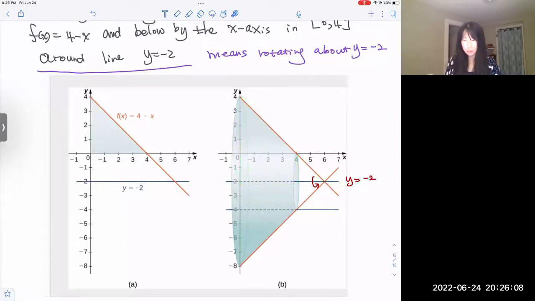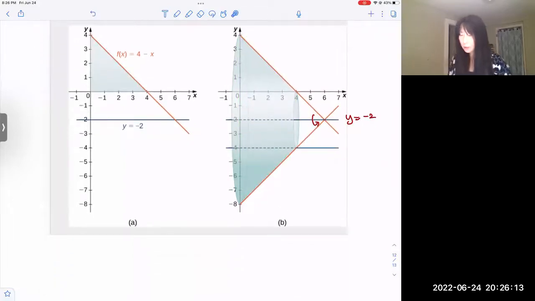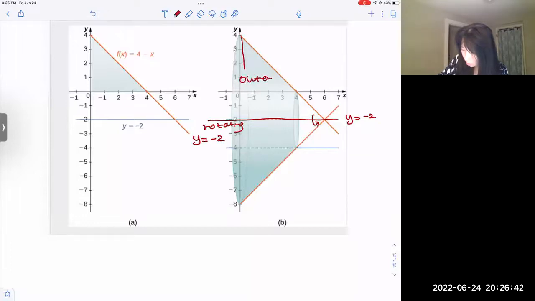Okay, let us do this one. But then we have to make sure rotating about y equal to -2. So this is outer. And this is inner.